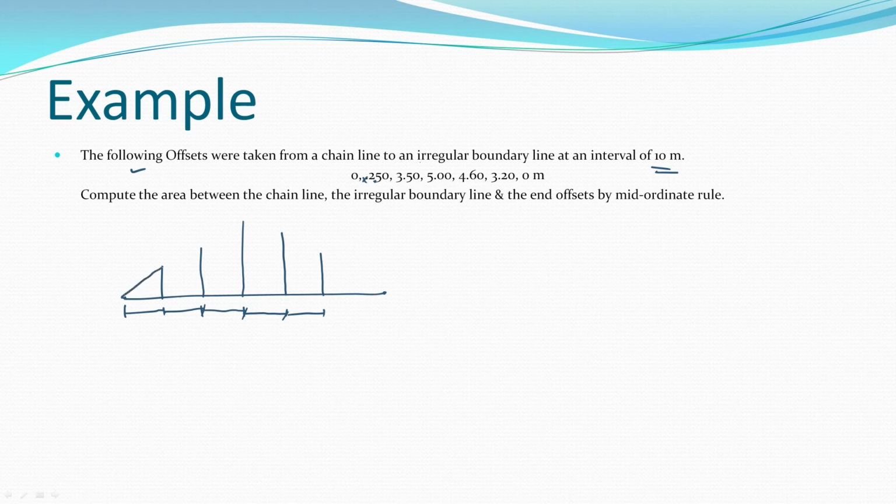Okay. So I will just join all these points. All the distances are 10 meter, right, and the ordinate values are given. So this is O1, at this point it is 0, this is O2, O3, O4, O5, O6, and this is O7.